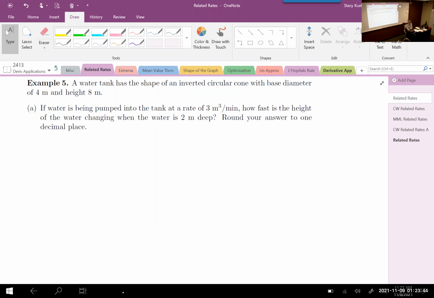So now we're going to draw our inverted circular cone. We have a base diameter of 4 meters. We have a height of 8 meters.